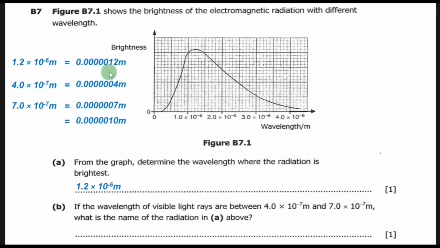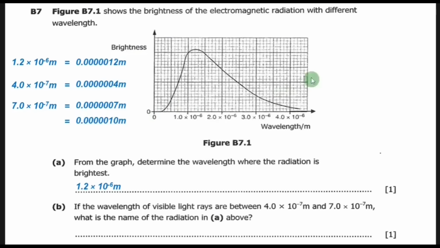So which radiation is the neighbor? Which radiation neighbors visible light, and that radiation has at least a longer wavelength than that of visible light. So which radiation is that?